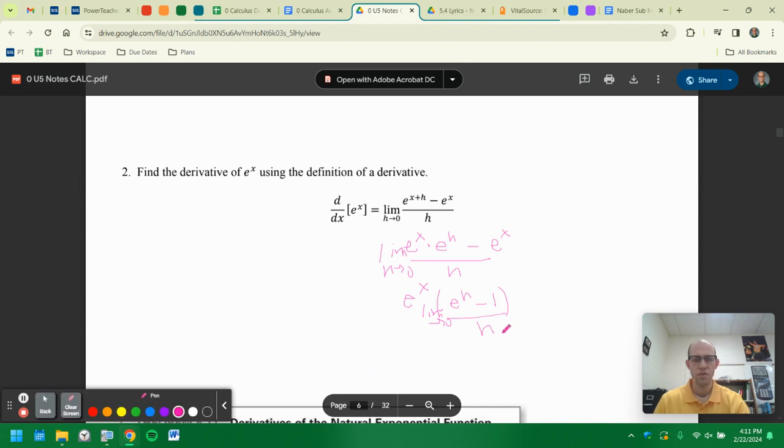So that leaves us with e to the x. That limit is 1. So the derivative of e to the x is e to the x, the exact same thing. The part you have to remember is that if that's not an x, we have to do a chain rule. So we'll have to find the derivative of whatever is up there in the exponent.